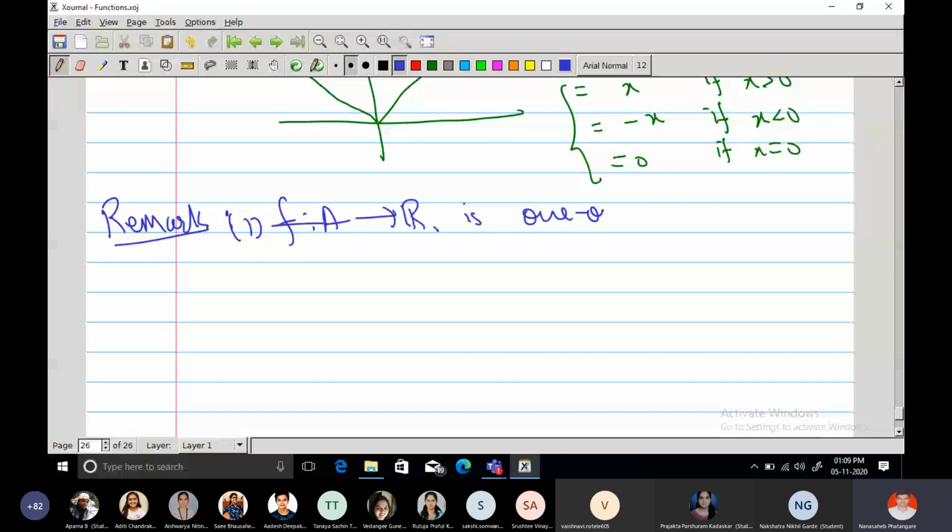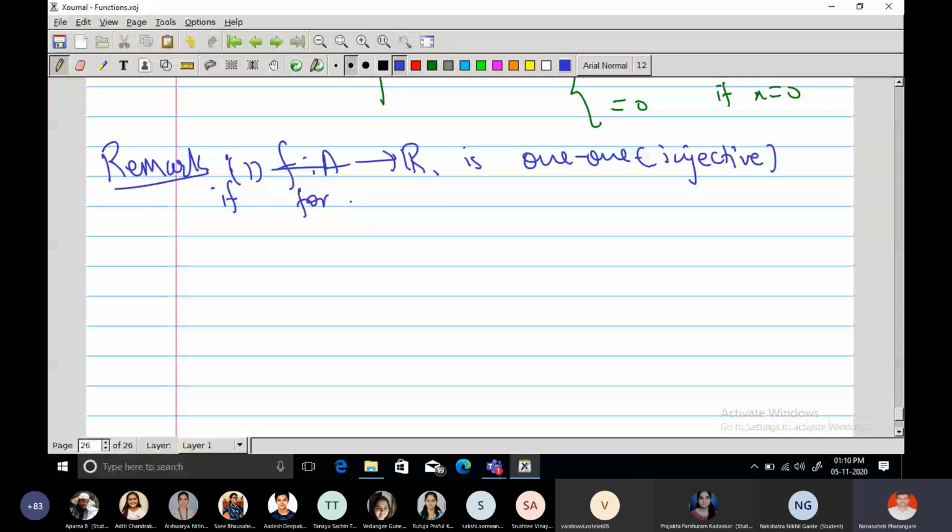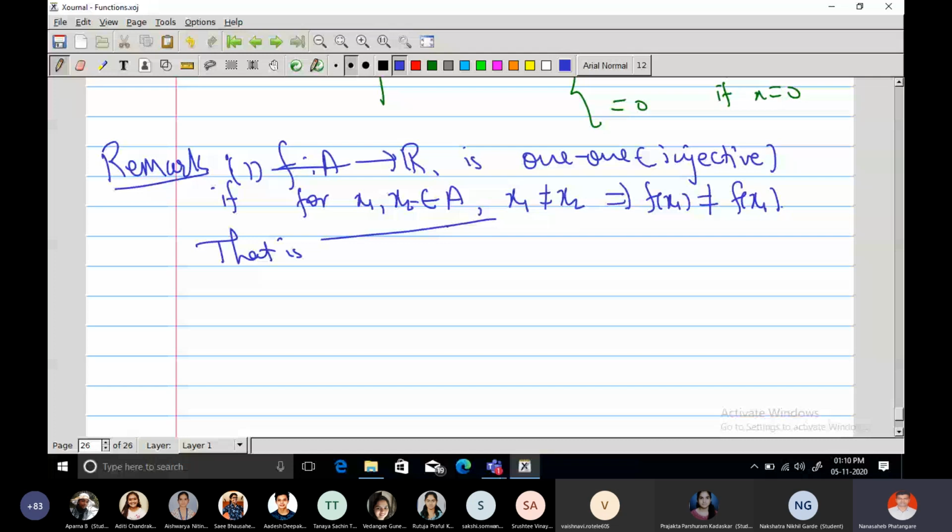So a function is one-to-one or injective if for x1 and x2 in A, if x1 and x2 are distinct, then their images are also distinct. Right? So this is equivalent to saying that, so what is the contrapositive statement to this? Contrapositive statement means what?